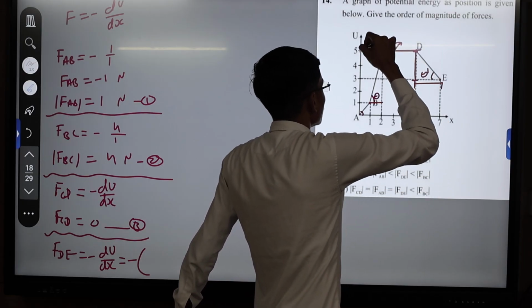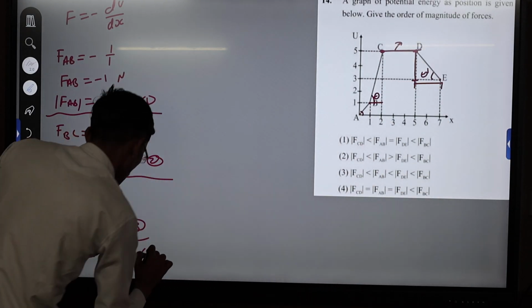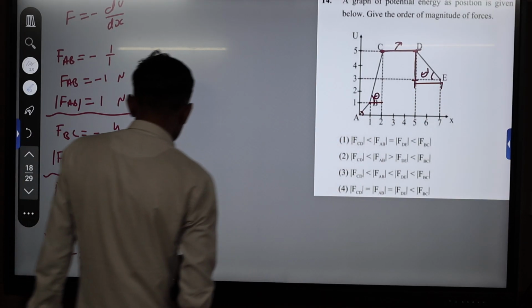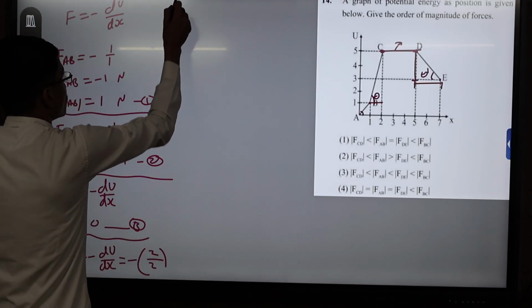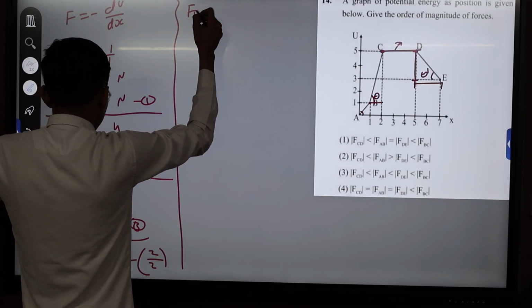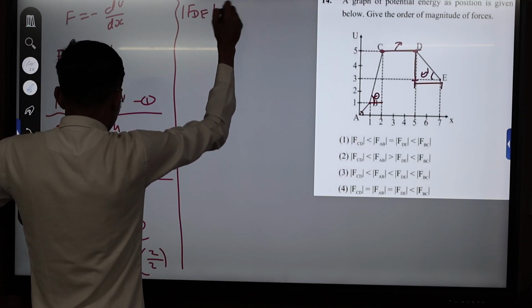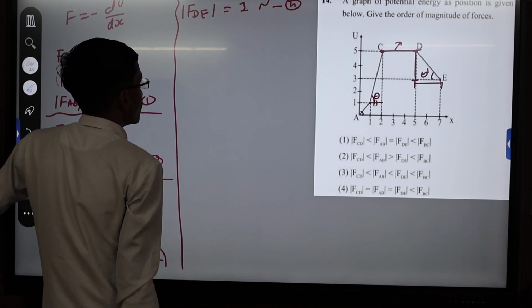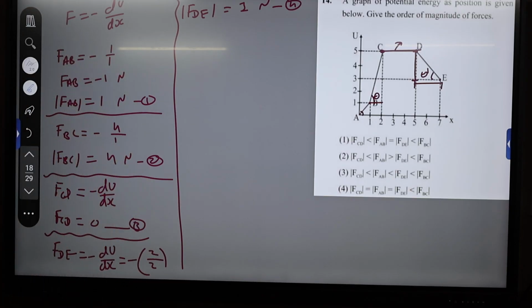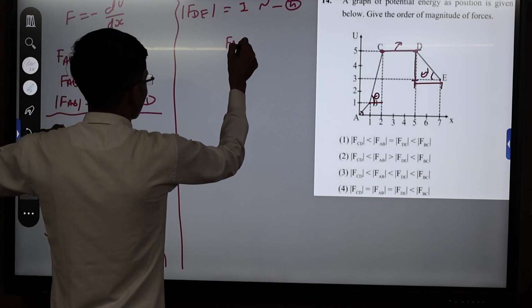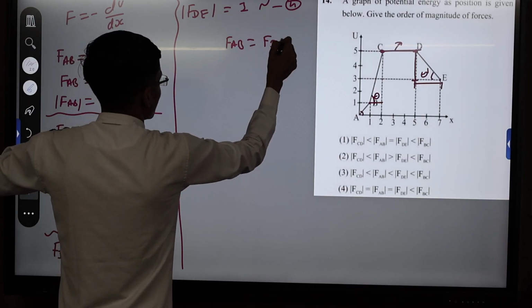So the opposite value is 5 minus 3, equal to 2. And the value of adjacent is 7 minus 5, equal to 2. So the value of FDE mod is 1 Newton. Now compare all values. Here we can say that this is 1 Newton, this is 1 Newton. So FAB is equal to FDE.